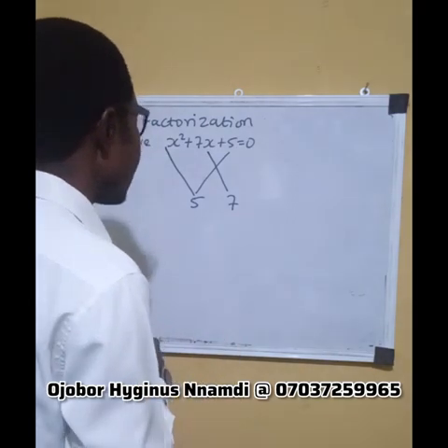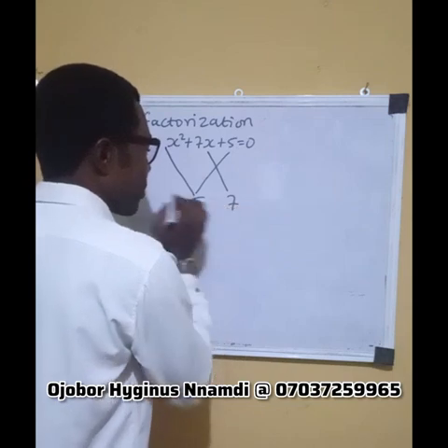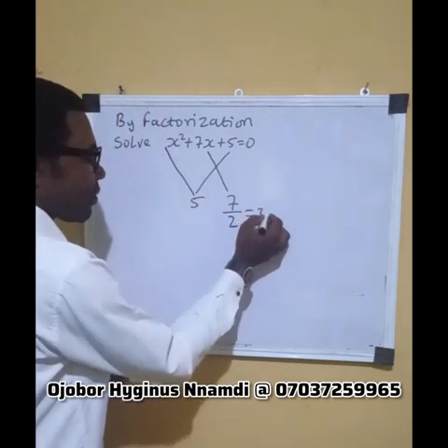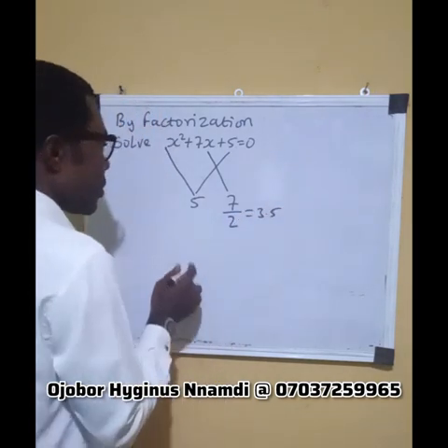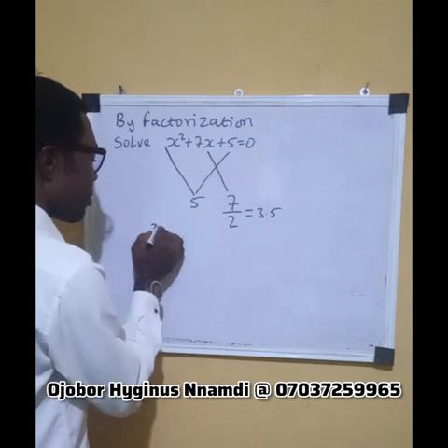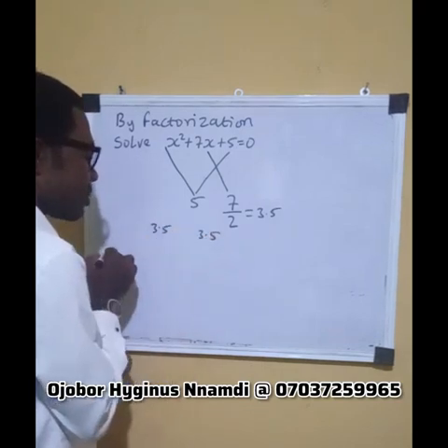But why not we say this? Now, if the sum of two numbers will give us 7, if I divide this 7 into 2, I am going to get 3.5. So if I have 3.5 in two places and I add it, I will get 7.